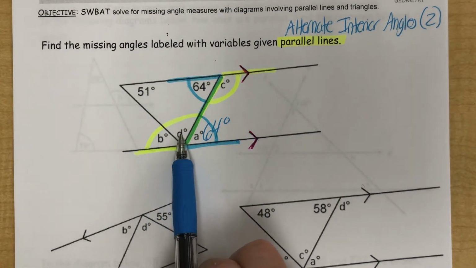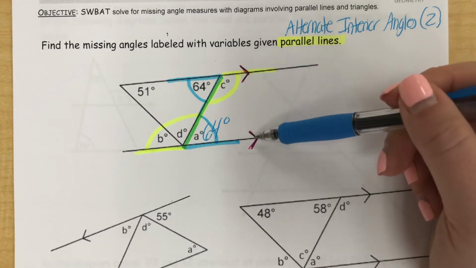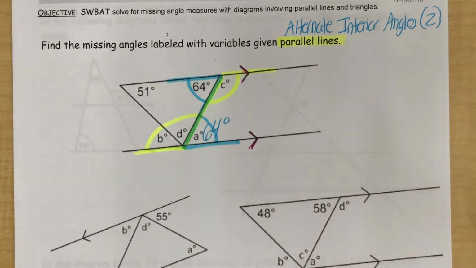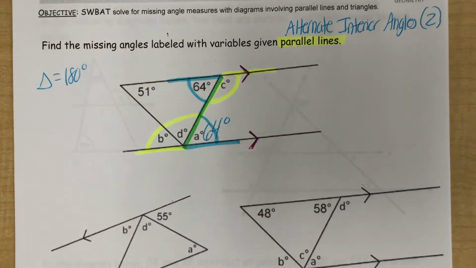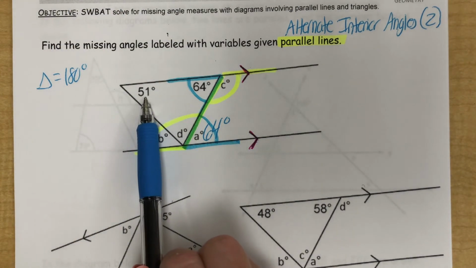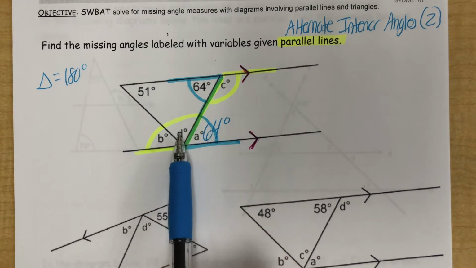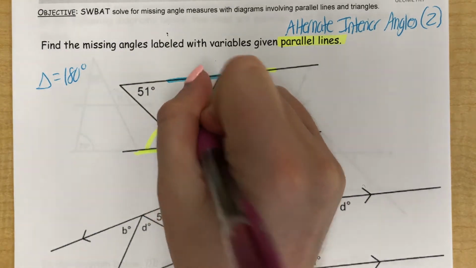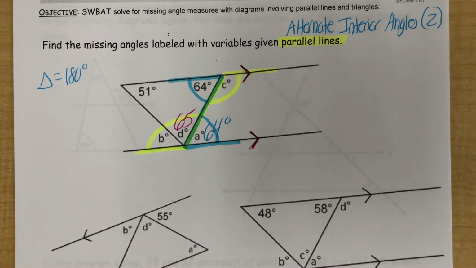I'm going to find angle D next, because aside from the parallel lines, I'm also noticing that there's a triangle in this diagram, and I know that there's 180 degrees in a triangle. So a triangle equals 180 degrees. If this angle up top is 51, and this angle up top is 64, this angle down below would have to be 65, because together all 3 angles should add up to 180 degrees.